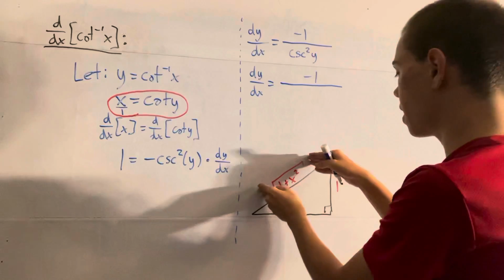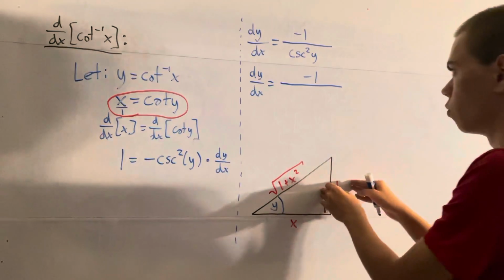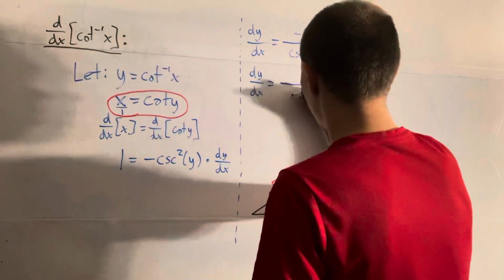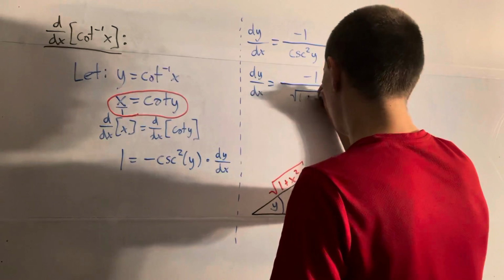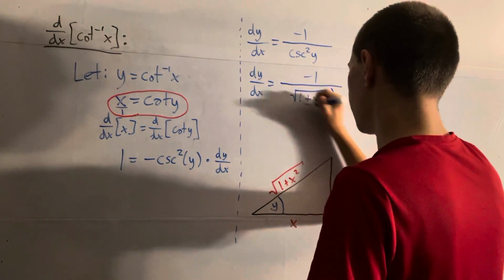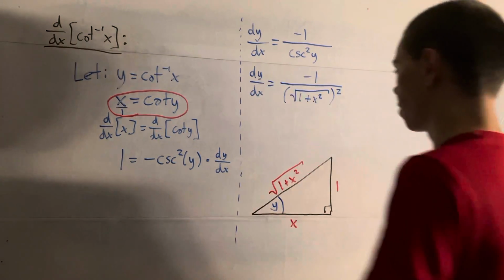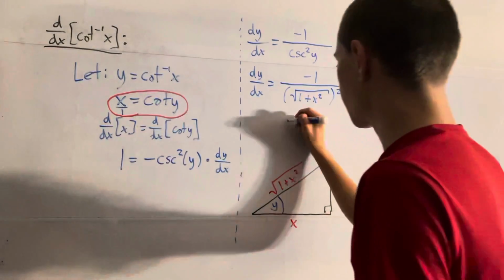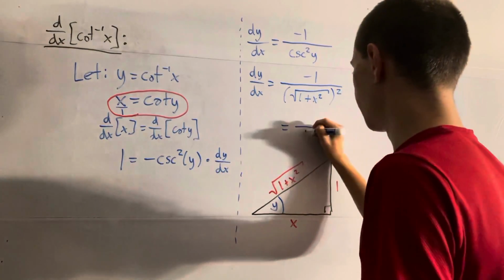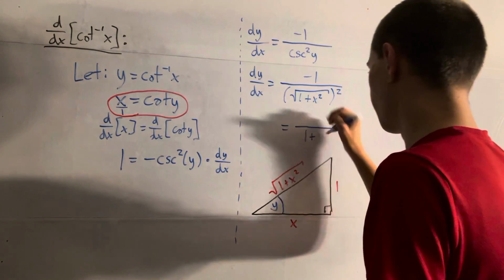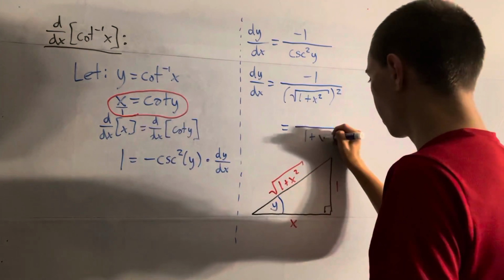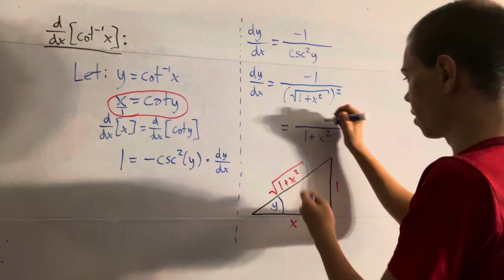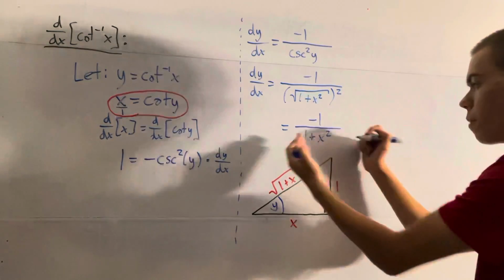So we get the square root of 1 plus x squared, and we square it. And when we square a square root, the square root goes away, and we're left with 1 plus x squared. So we get negative 1 over 1 plus x squared.